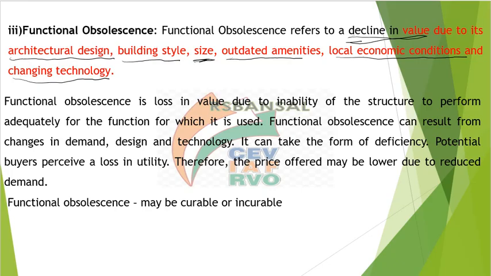So functional obsolescence is loss in the value due to inability of the structure to perform adequately for the function for which it was used. It is also of two types, curable or incurable, as we have already discussed.